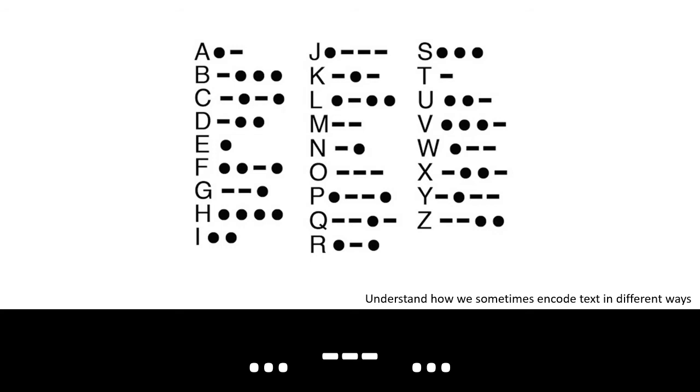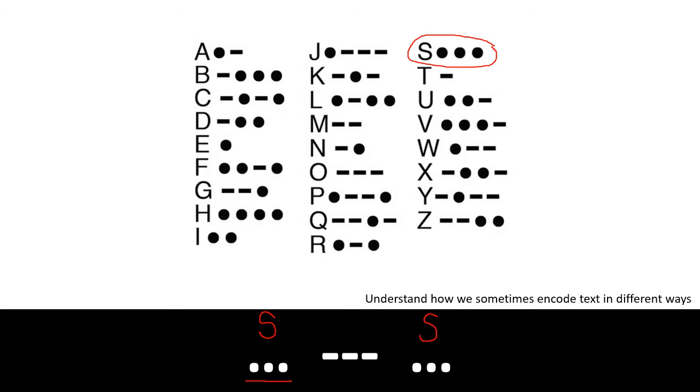So we would have a look, first of all, for 3 dots. And you work your way through, and hopefully you can see that the letter S is 3 dots. So the first part of the message is S. And we're also going to repeat that at the end because we can see we've got 3 dots again.